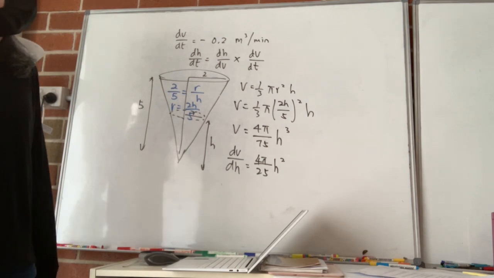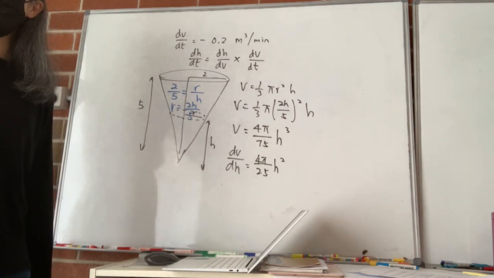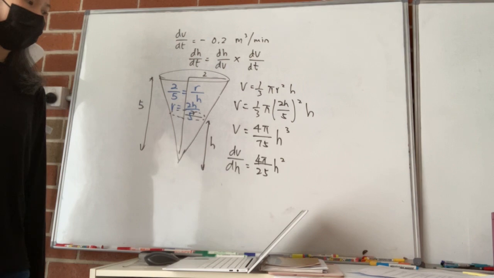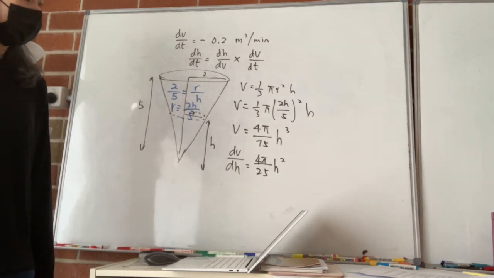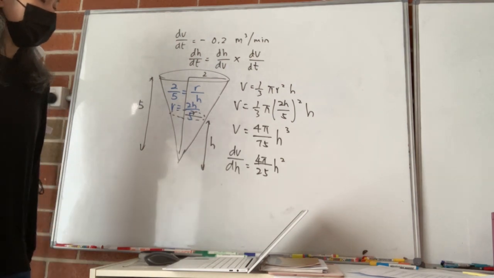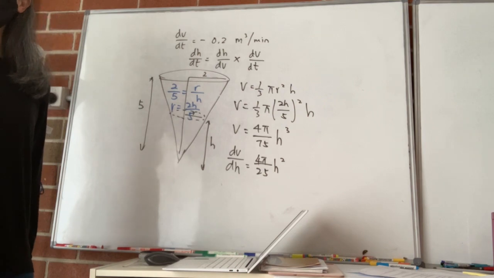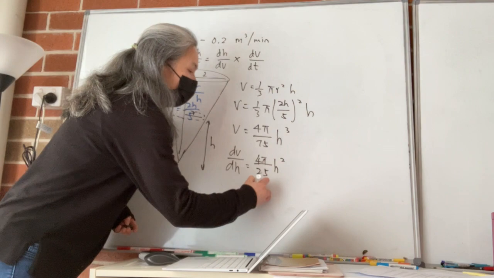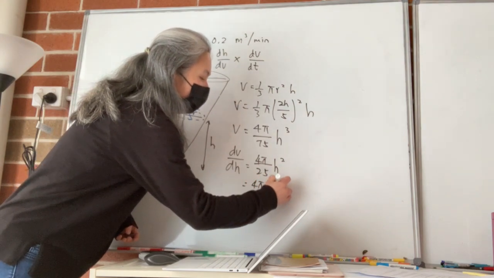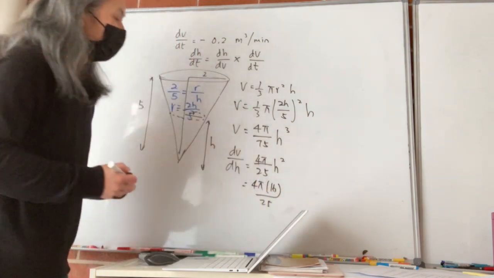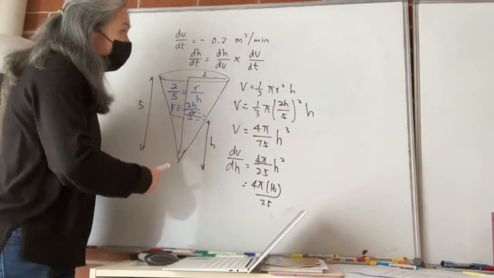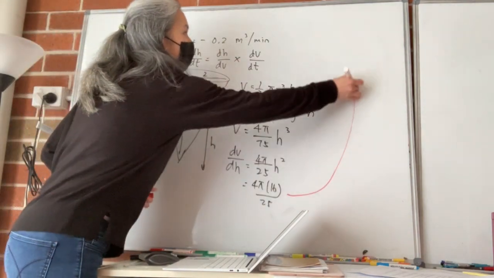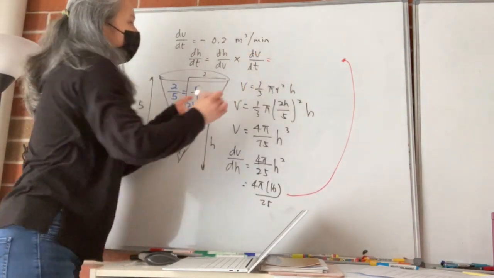Now is the step where I sub in my number. Do we have anything to sub in? Yes, we do. The depth of the water is 4 meters, so h is equal to 4. Sub it in. So you have 4 pi times 16 on 25. Then the very last step, go back to the original that we found.